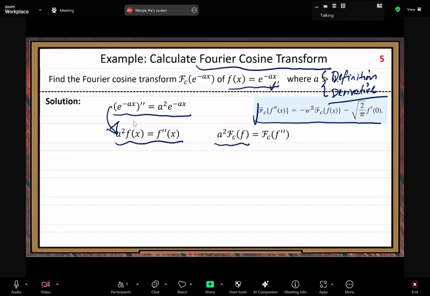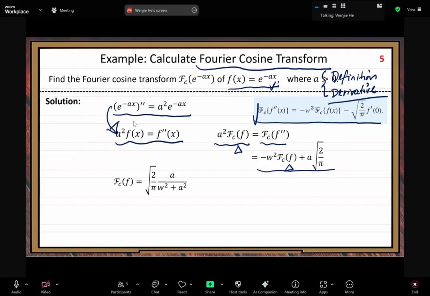Then the right-hand side, we use the formula. So both sides have that Fourier cosine transform expression. You can find it easily, right? You can solve this equation for the Fourier cosine transform expression. That's this one.